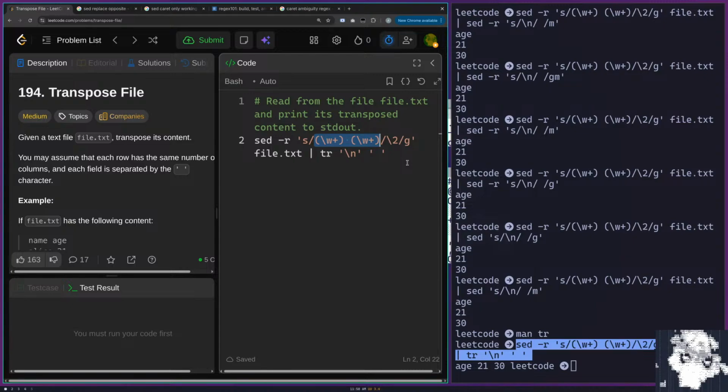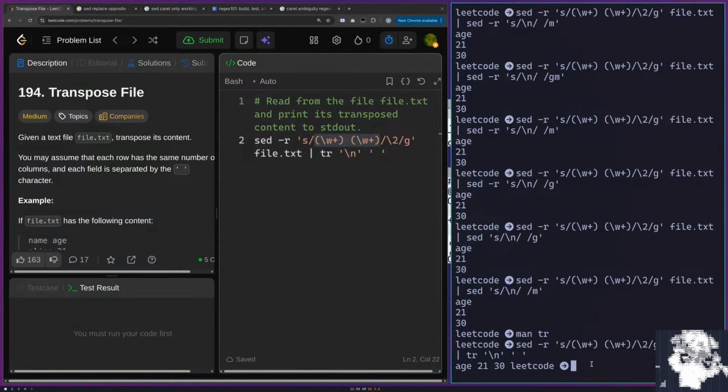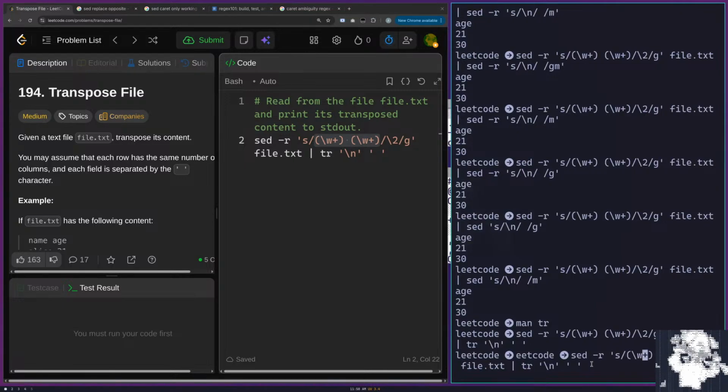I can think of a slightly less crazy way that just makes the regular expression less long. So I want to just count the number of words that came before, like this.